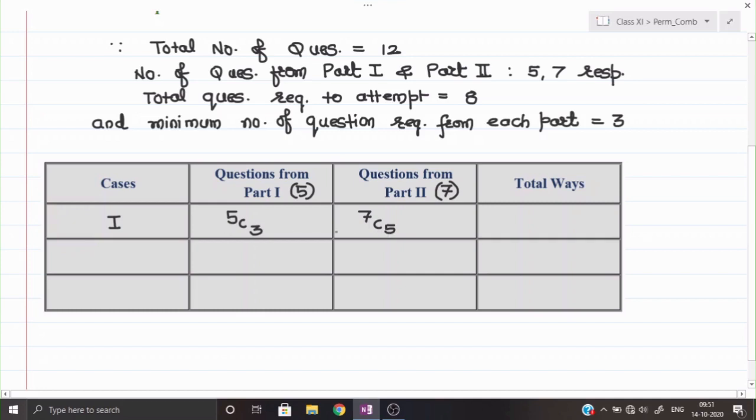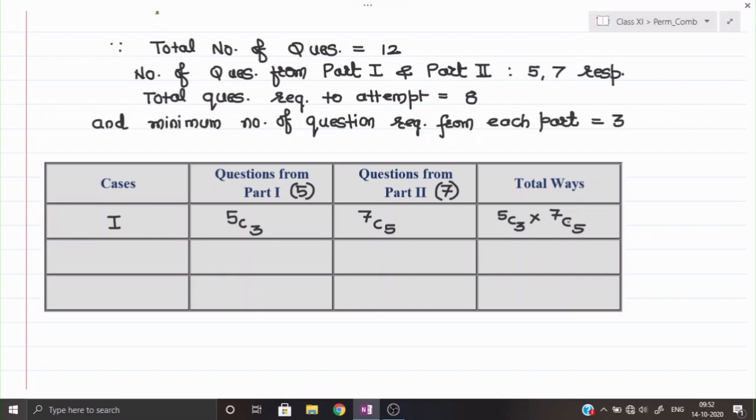These 2 parts are parts of one complete process. So the total ways can be 5C3 into 7C5. I think it is clear why I have multiplied, because 5C3 alone or 7C5 alone cannot be the solution of our whole question. 5C3 into 7C5 will be the solution if we compile both of them.